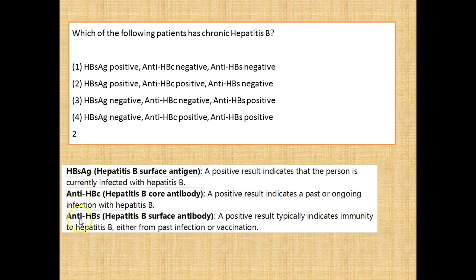Whenever the word anti is there, it means the infection may be past or chronic, running since a long time, or the patient is vaccinated. If it is the core antibody, it means a past or ongoing infection. If it is the surface antibody, it means the patient is vaccinated or maybe had a past infection. So remember these three points, and you will never go wrong in any hepatitis B question.